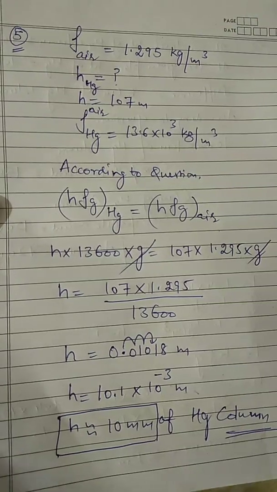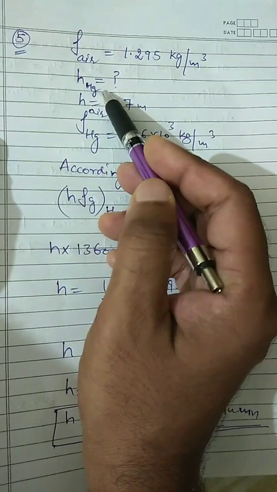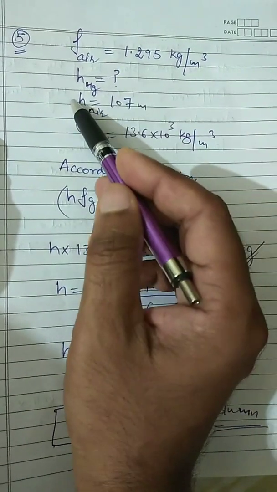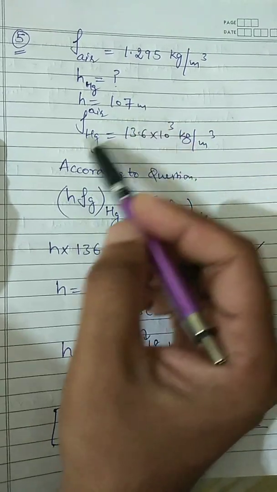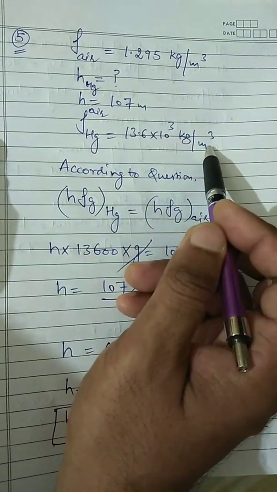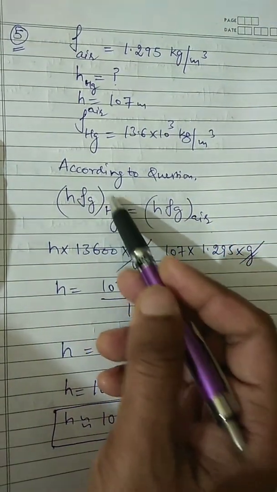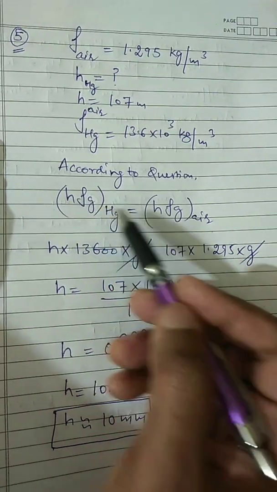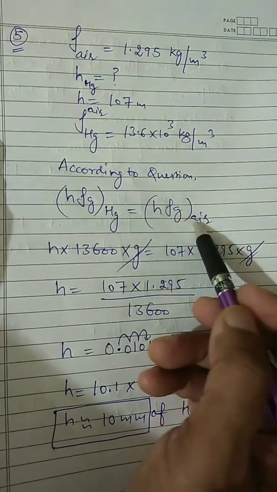Now the last numerical, in the fifth, density of air is given, height of mercury you have to find, and height of the air column is also given, 107 meter. Density of mercury is 13.6 into 10 to the power 3 kilogram per meter cube. According to the question, the mercury height will exert pressure which will equal the pressure exerted by the air column.